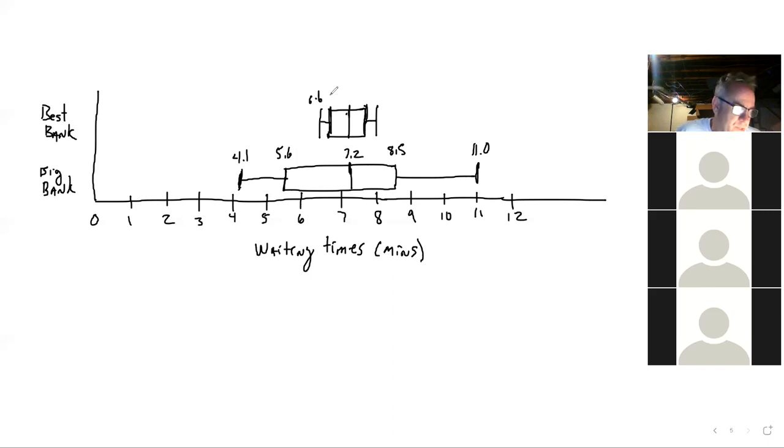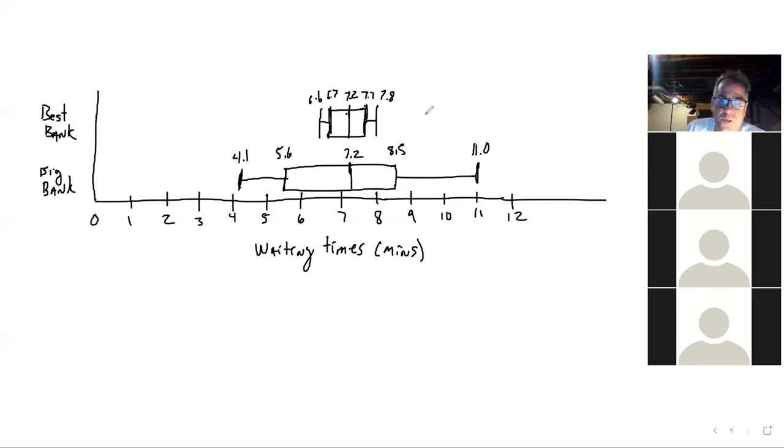I'd have 6.6 and then 6.7, 7.2, and 7.7, and then 7.8. But it really shows the variation difference for sure.